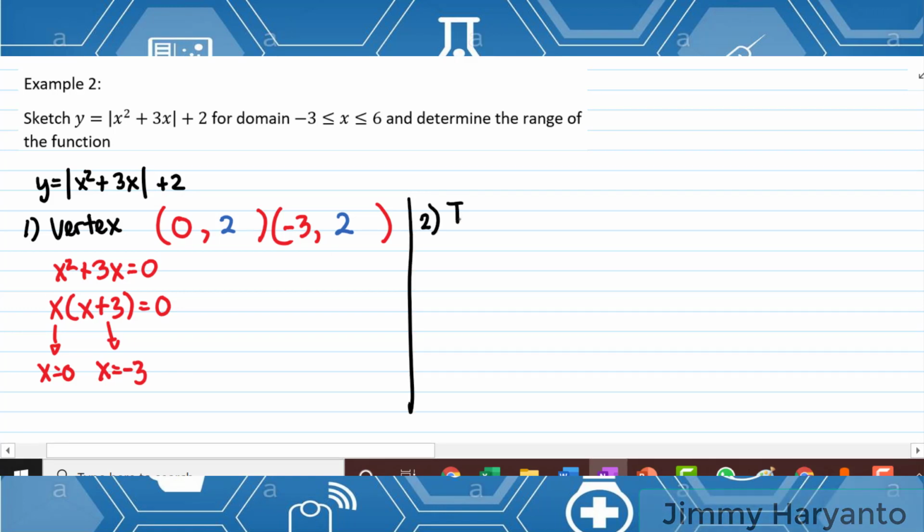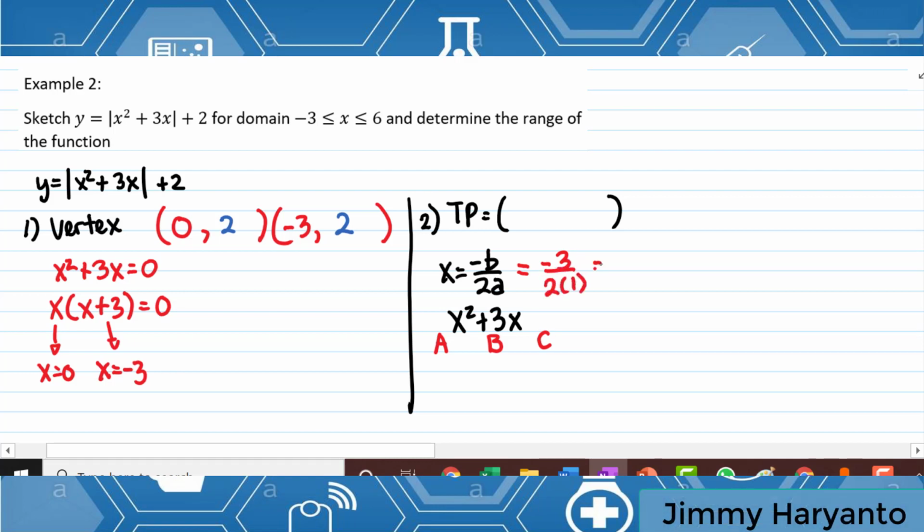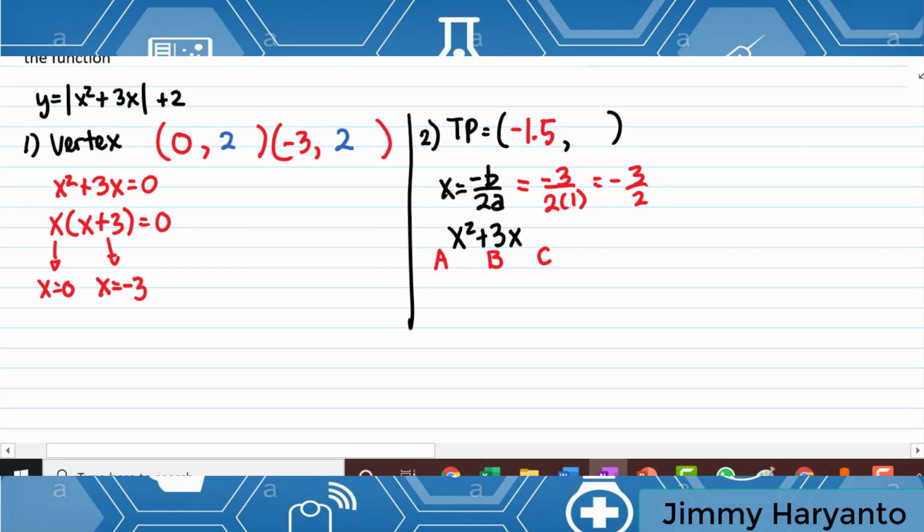Okay, next is turning points. Number 2, turning points. Turning point is negative b over 2a, so x will be negative b over 2a. For this one, x squared plus 3x, the a is 1, b is 3, c is 0 ya. So the x will be negative 3 over 2 times 1 equals to negative 3 over 2, negative 1.5, the turning point. And then for the y, we have to substitute into the function.